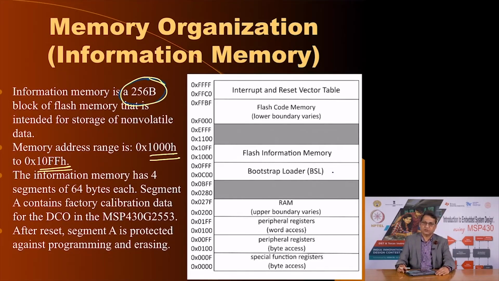You can store constants, and the first segment is used to store factory calibration data for the digitally controlled oscillator, the oscillator that uses RC oscillators. You want them to be accurate, so each one of them is calibrated so that they provide your 16 megahertz or 8 megahertz clock frequency, and that information is stored there.